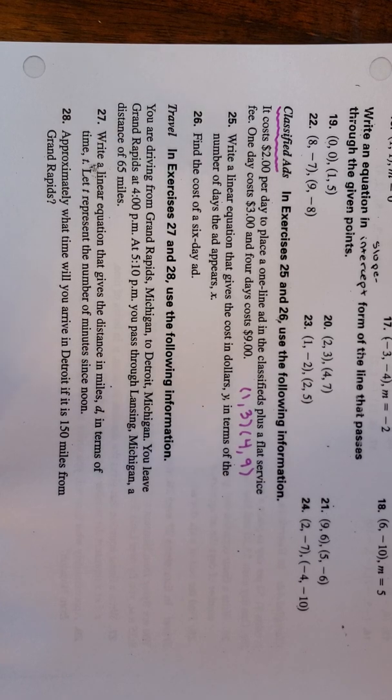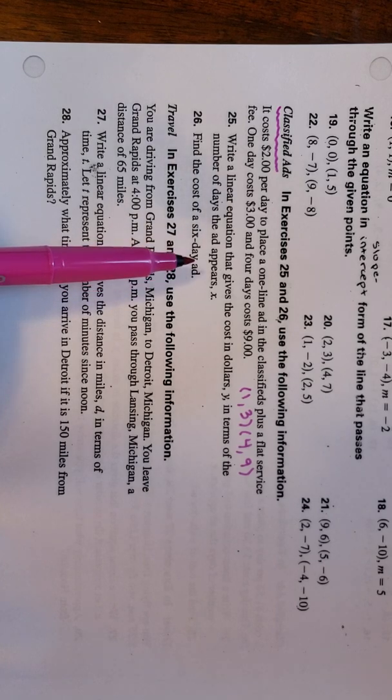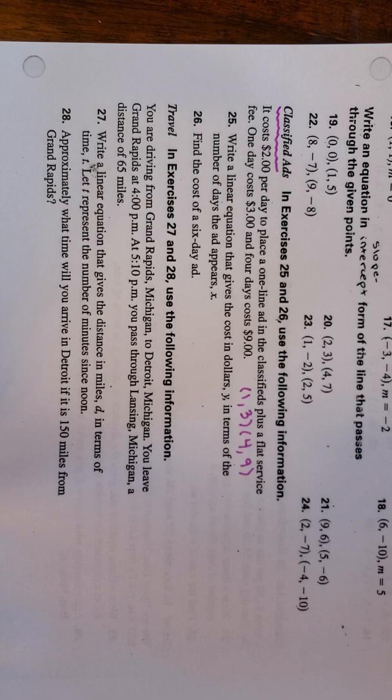And that's the x. And then you'll use that equation to find how much a 6-day ad would cost. Now, could you go ahead and find out what the fee is and multiply 6 and 12 and figure the fee and go from there? Yes, you absolutely could. But that would be not using this cool strategy that you just learned. So I would like for you to try that using point slope form.